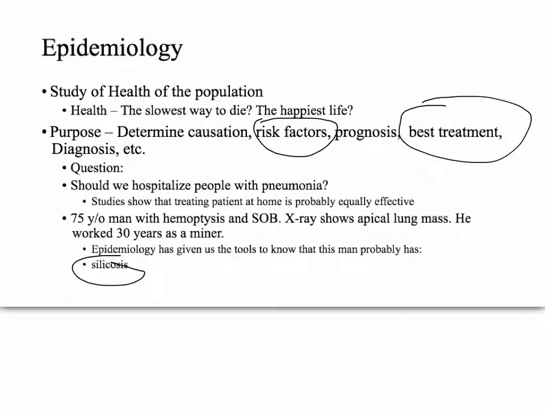Basically what that means is studies of risk factors of silicosis have pointed out that people who work as a miner for long periods of time, that's a risk factor, and studies of the causation, studies of the various diagnostic tests show that whenever you are a miner and you have an apical lung mass, you're at even higher risk that lung mass is silicosis.